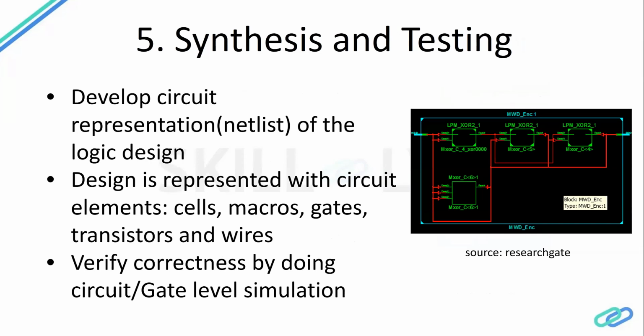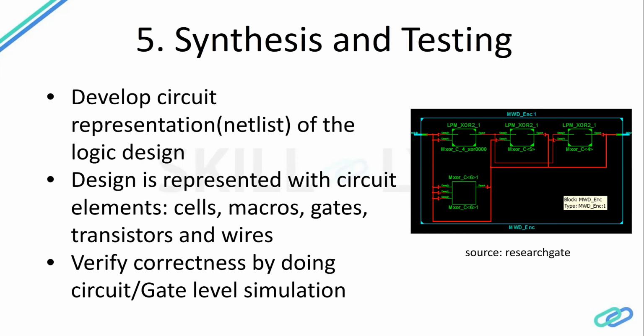The HDL design gets converted into this usually by software which understands the HDL code and gives you this circuit representation. This again has to be verified to check if it matches the intended purpose or if it is actually working as expected. And there is something like gate level simulation to do that.